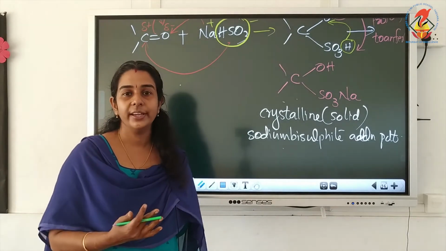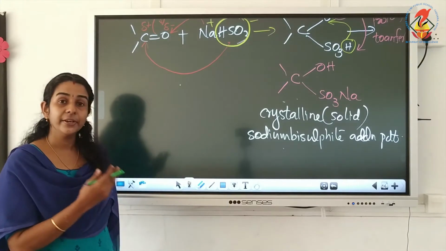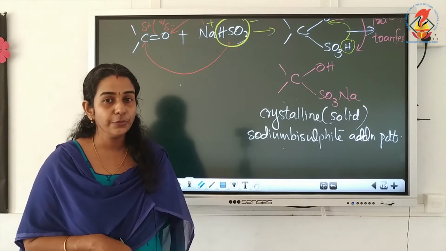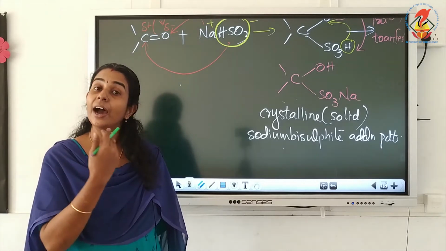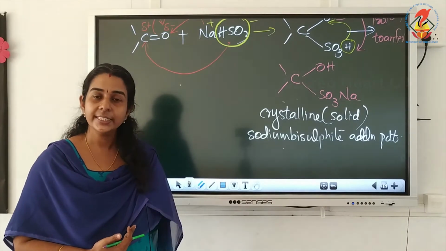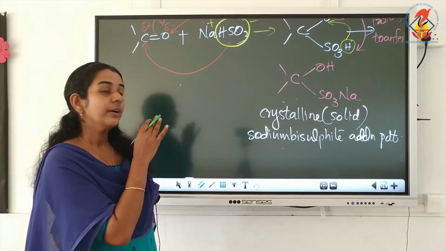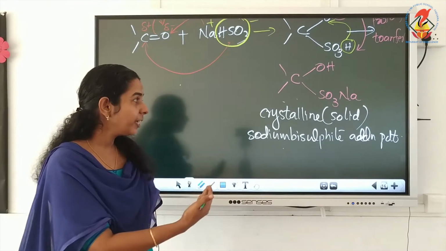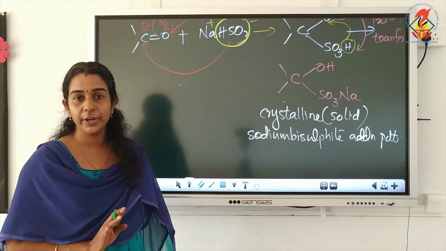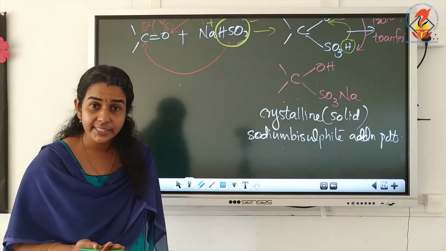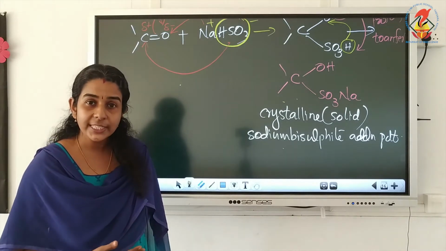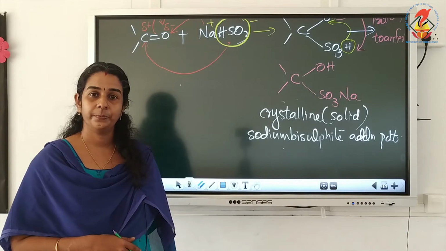Now we know that when we compare the reactivity of aldehyde and ketone towards nucleophilic addition reactions, aldehydes are more reactive than ketones, isn't it? So here also, in the case of the formation of the crystalline sodium bisulfite addition product, usually aldehydes give the bisulfite addition product more easily than ketones.